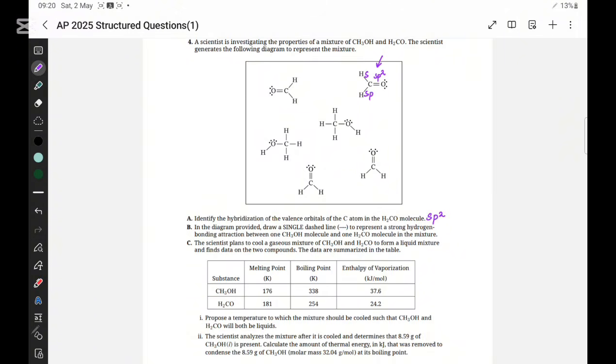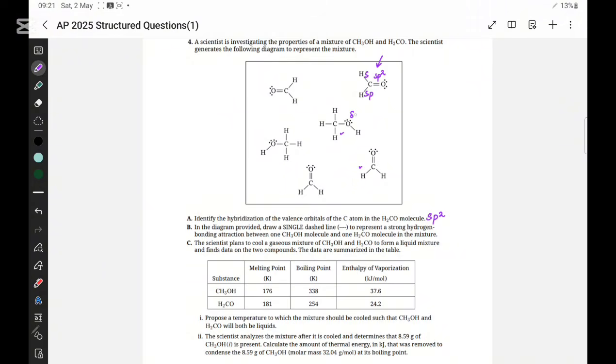In the diagram provided, draw a single dashed line to represent a strong hydrogen bonding between CH3OH and H2CO, between this one and this one. So if we want to show the hydrogen bonding between them, how we are going to show?